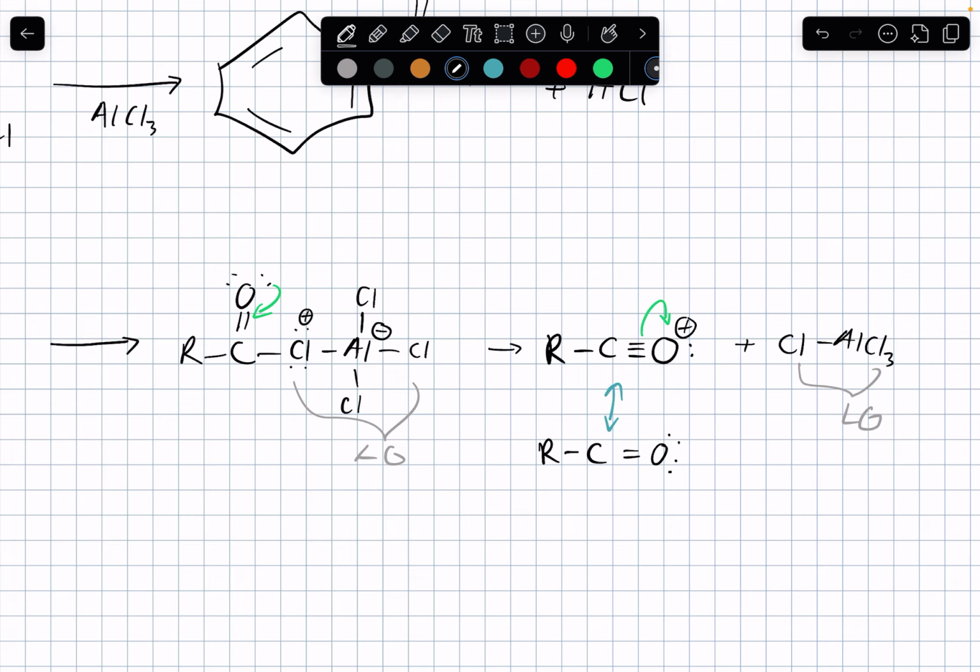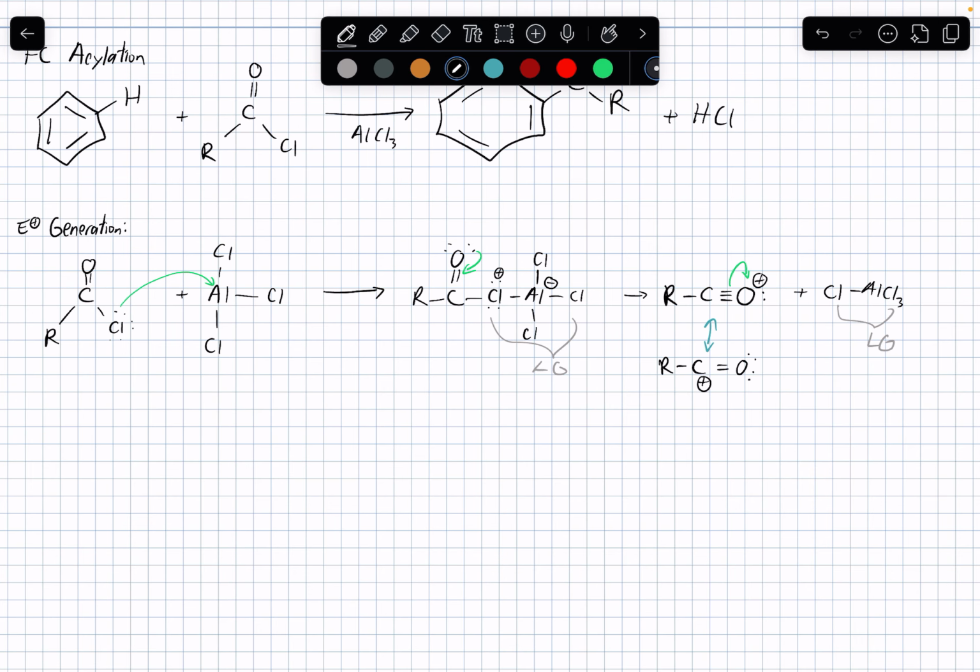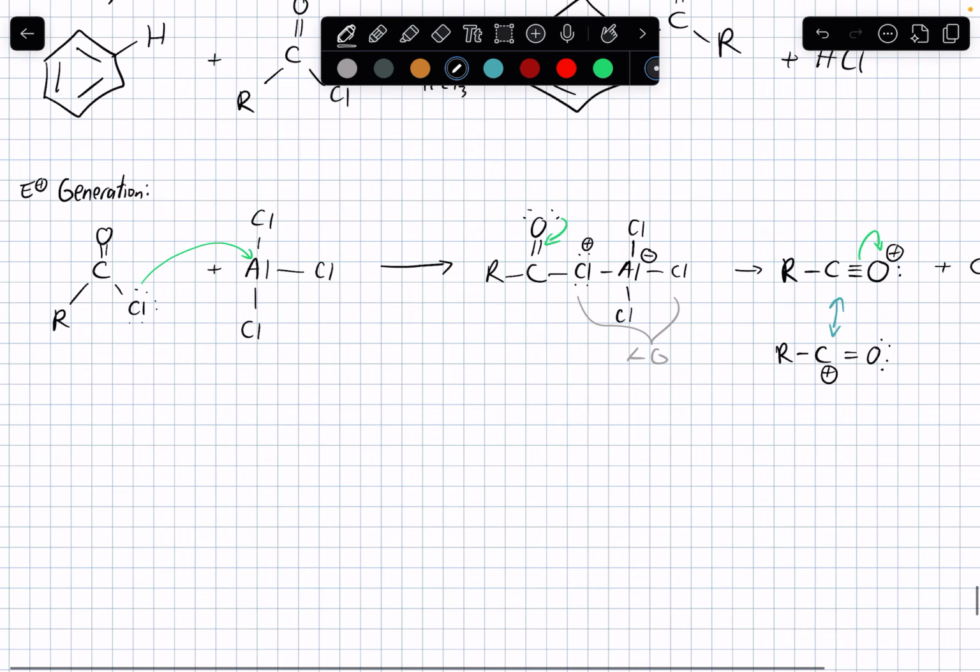If we attach 5, that's when it separates. Then for better stability, the more favored form is this, and you only do that once you separate it from the leaving group. Since carbon here only has 3 connections, this is positive. Okay, so that's our electrophile.